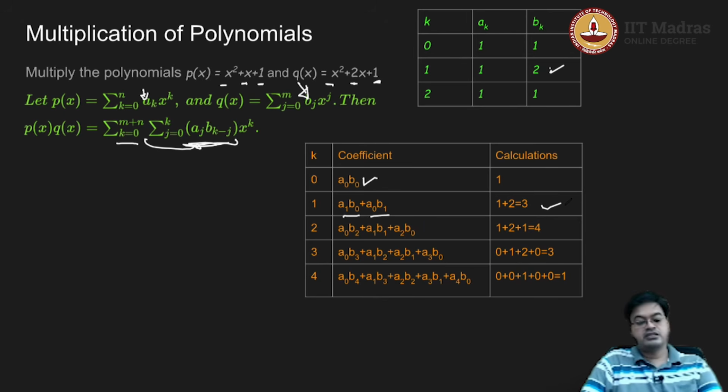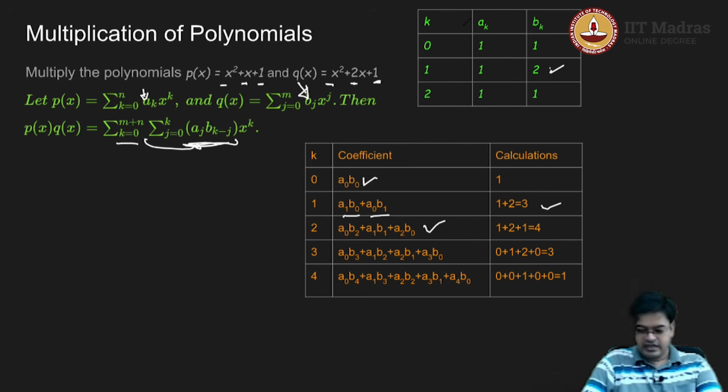Let us go for a second order term, that is the polynomial, a monomial with degree 2. So in this case, j will run from 0 to 2. So I will have a naught b2, a1 b1, a2 b naught. This is correct.